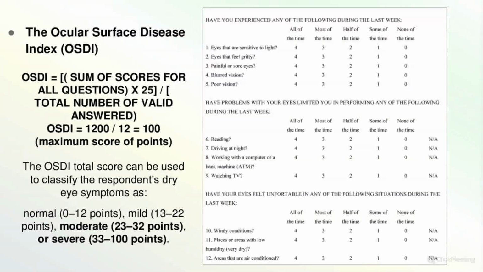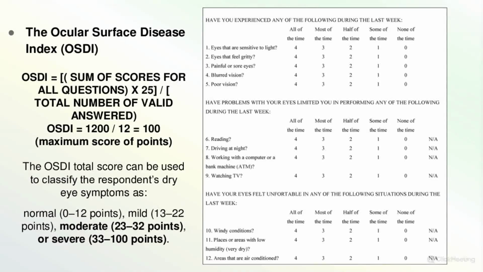The third group contains questions about ocular symptoms induced by environmental factors. I chose this questionnaire because it has good psychometric properties, and it was created to assess subjective dry eye symptoms and the effects of dry eye disease on vision-related activities.